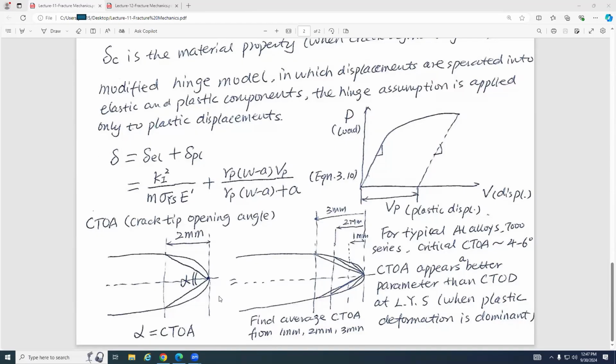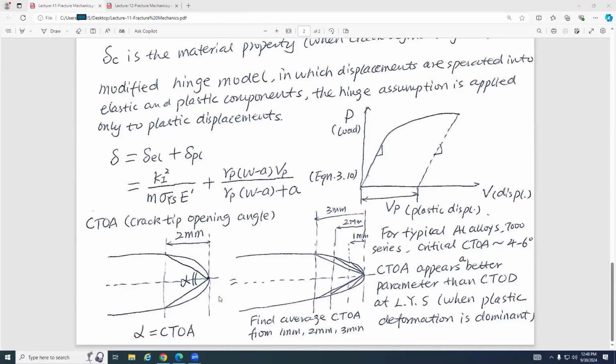You understand, guys? One more time. After your sharp crack becomes blunt and becomes bigger because of loading, you will have a current crack tip, and then you find a point. To find the point, you just draw a vertical line, and this vertical line is 2 millimeter away from the vertical line that passes through your current crack tip.